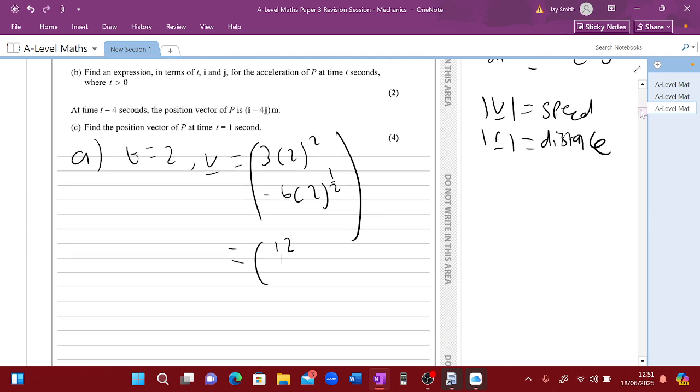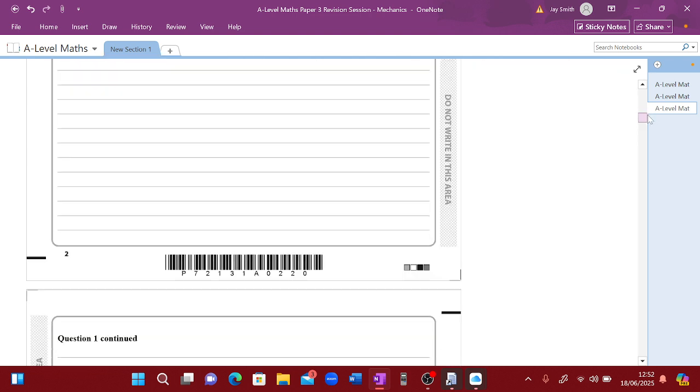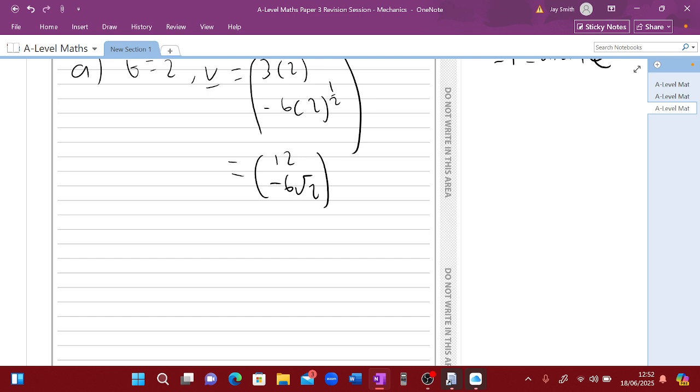That would be a decimal, but that's because 2 to the half is root 2. So that's just going to be minus 6 root 2, okay? The calculator will give a decimal here, but you do need to realise that any power of a half will be a square root, right? But that's fine because if we're doing the modulus, so mod of v when t is 2 for this vector, we're squaring it anyway, so that gets rid of the square root.